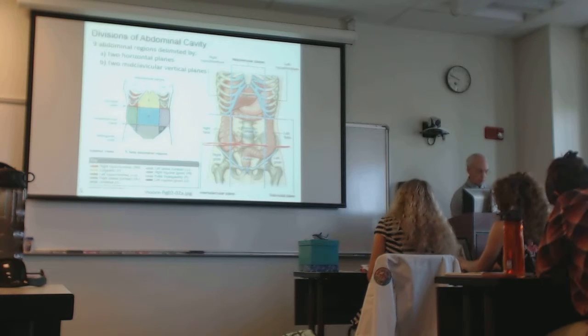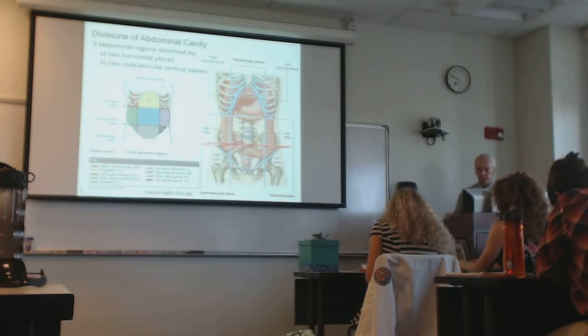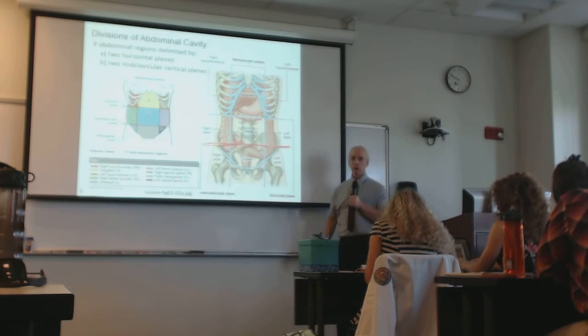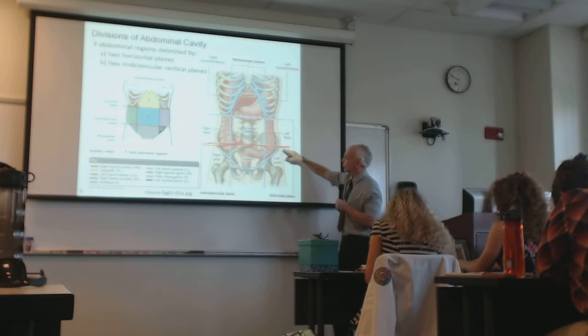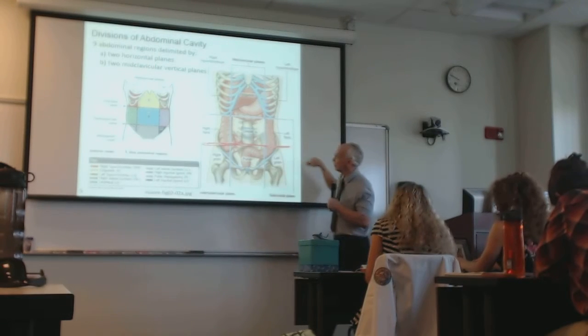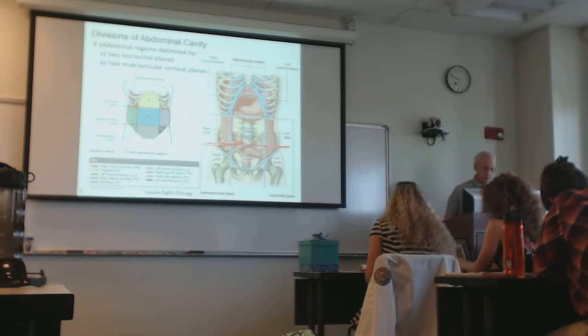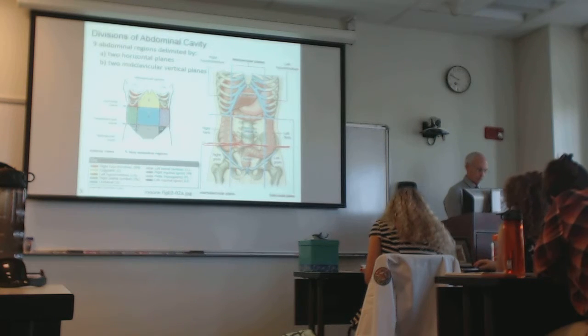And what we're talking about here is the plane designated by the anterior superior iliac spine on each side. So that would be the approximate location of that.